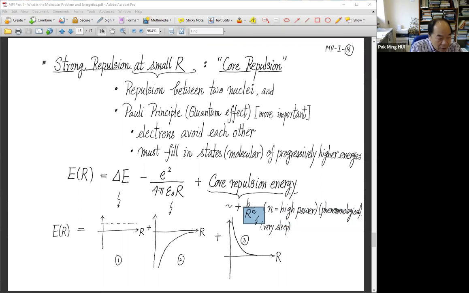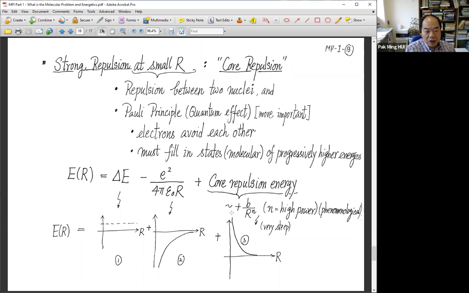This n usually is something like 9 or above. Okay. Again, it's empirical. No theoretical reason for a particular number. Usually it's a fraction, a 9.5 or something like that. But it represents the very steep, strong repulsive force.